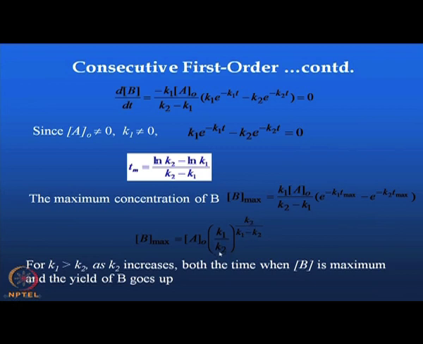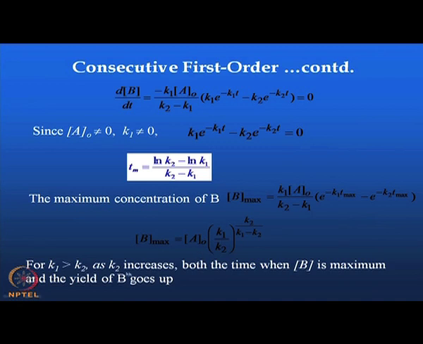Since the power factor is more, as K2 increases, both the time when B is maximum and the yield of B will go up.